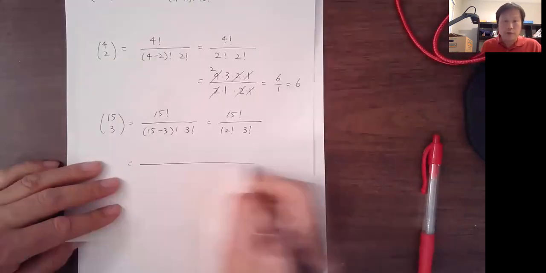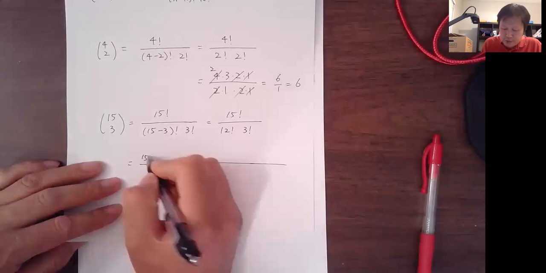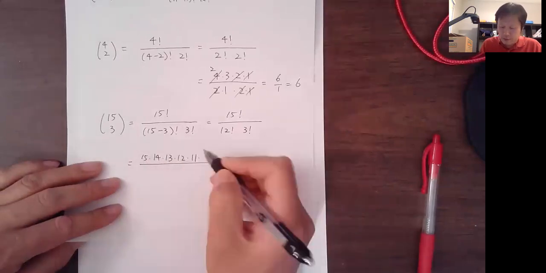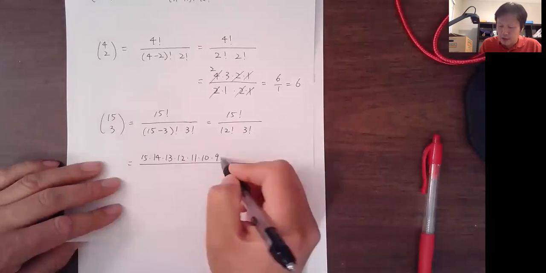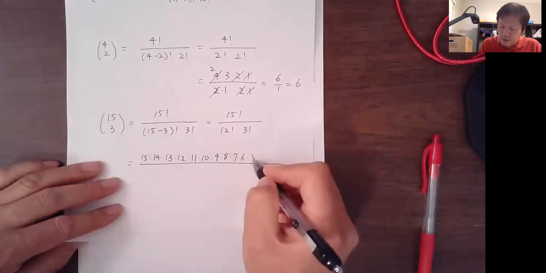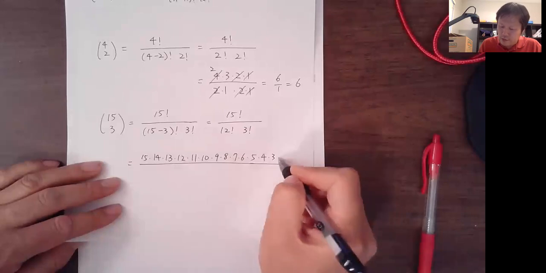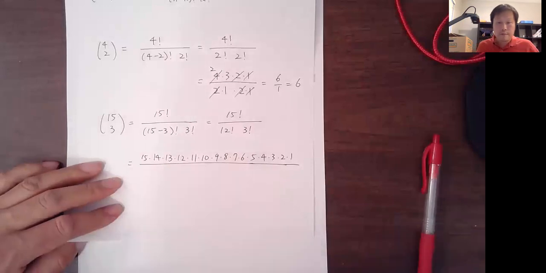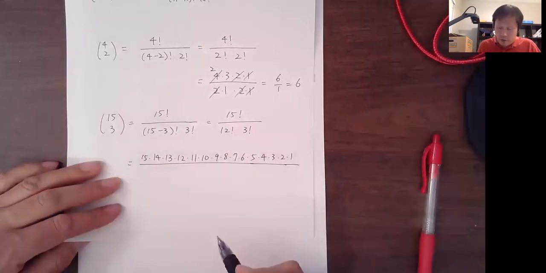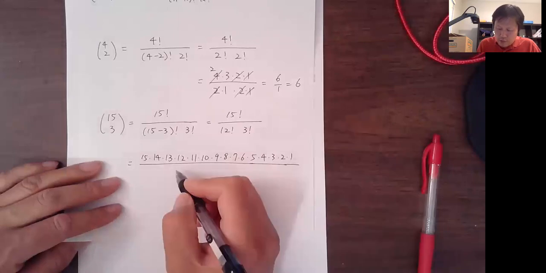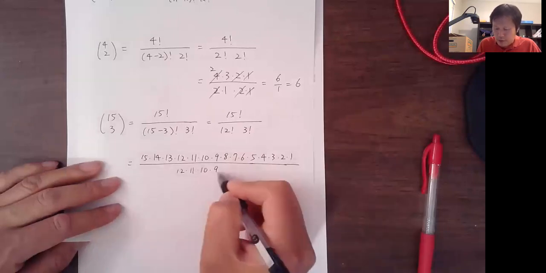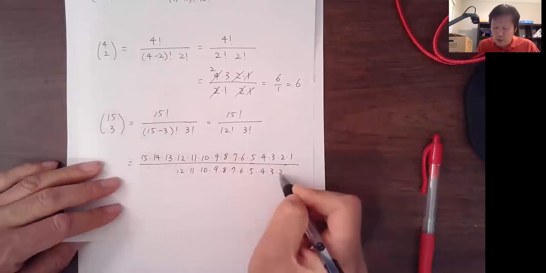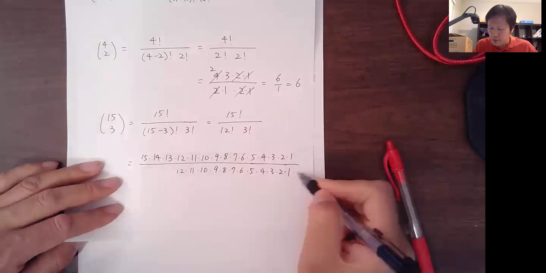Okay, 15 factorial means what? 15 times 14 times 13 times 12 times 11 times 10 times 9, 8, 7, 6, 5, 4, 3, 2, 1. Did you miss anything? Yes, 12 factorial. Do you remember? 12 factorial will be 12 times 11 times 10 times 9 times 8 times 7 times 6, 5, 4, 3, 2, 1. 3 factorial in the denominator, you get 3 times 2 times 1.